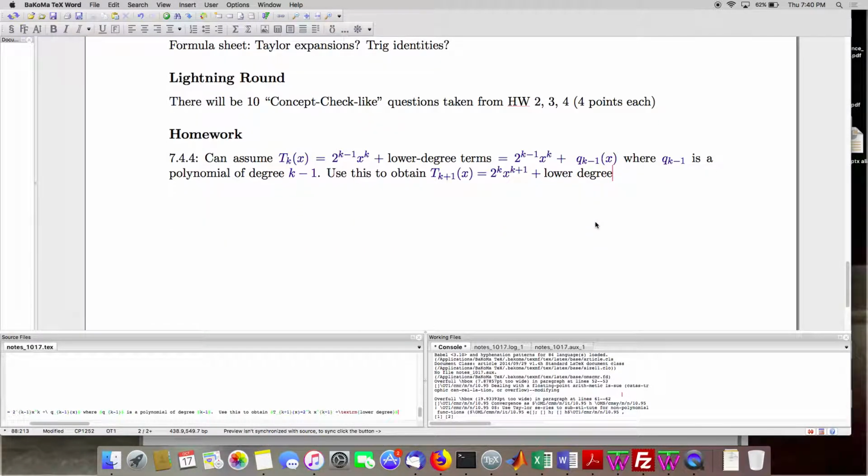That's helpful for keeping track of things. Because from the induction process, you're allowed to assume T_k has a leading coefficient of 2^(k-1). So all I'm doing is writing out what that looks like as an equation, and then this is what you show. So really, I should phrase it that way.